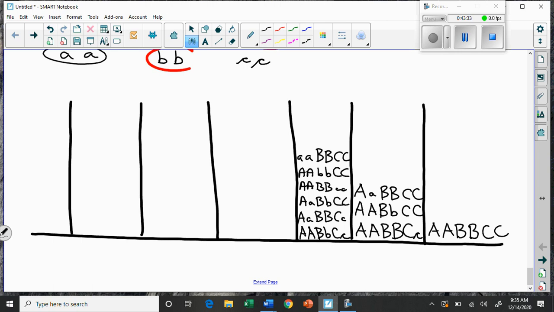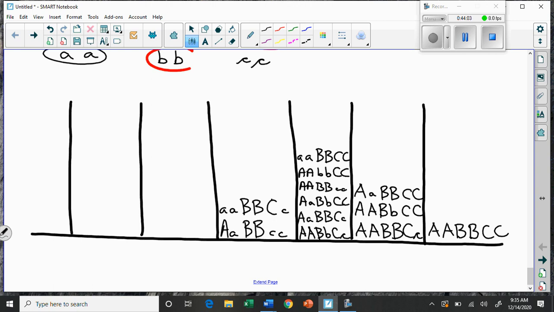Then guess what? As we move into the middle, we would see 3 recessive alleles. So, A and a little a, 2 capital B's and 2 little c's. There's 3 recessive alleles. Or A, little a, 2 capital B's, and 1 big C, 1 little c. We want 3 recessive alleles here.